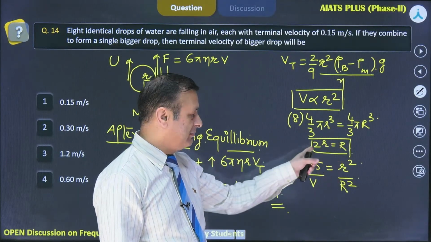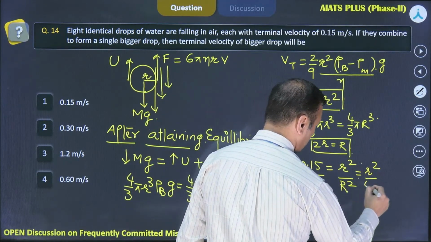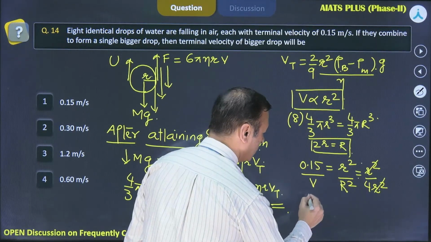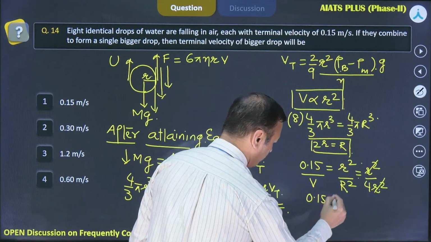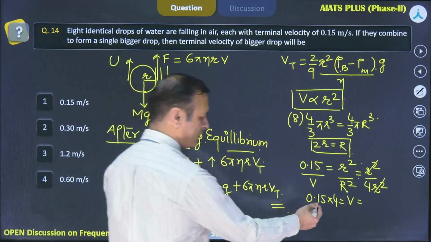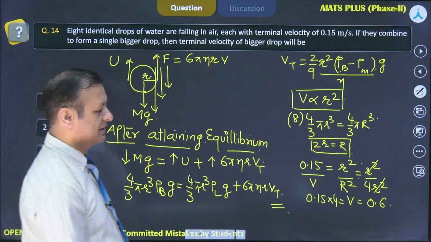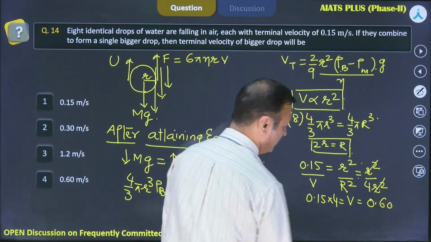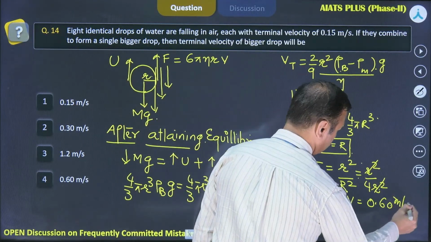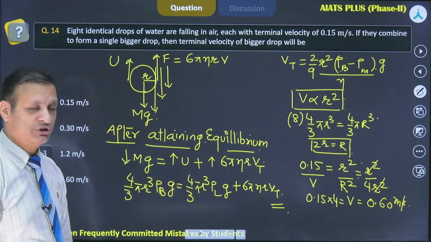Capital R can be written as 2R, so its square becomes 4R square. This R square goes with this, and when you multiply, 0.15 into 4 is equal to v, so this becomes 0.6 meter per second, precisely if I maintain the same digits, 0.60 meter per second. So that would be your answer for this situation.